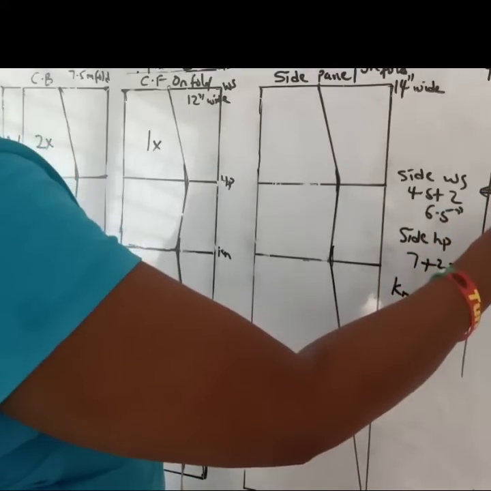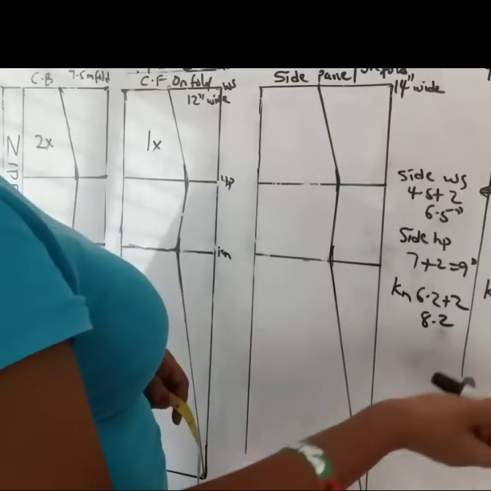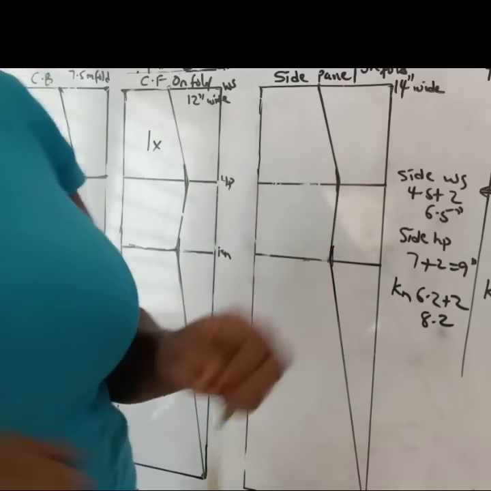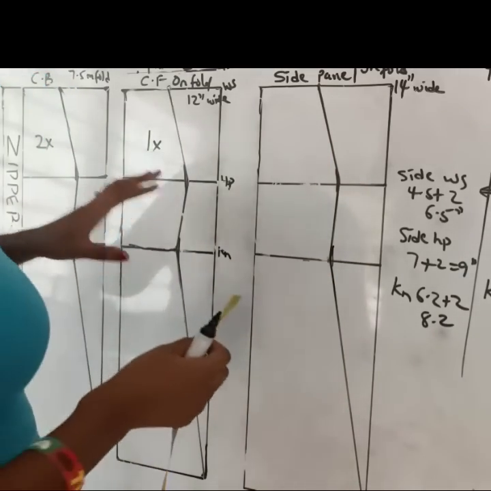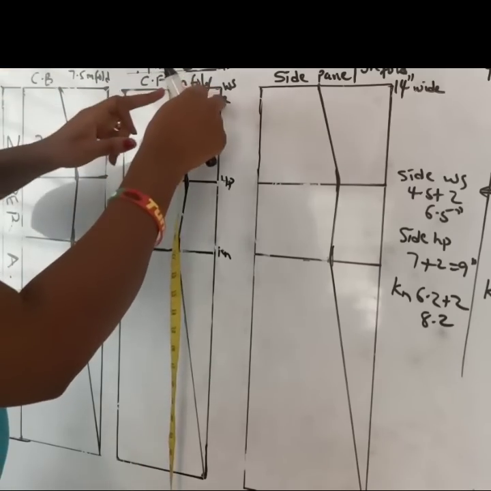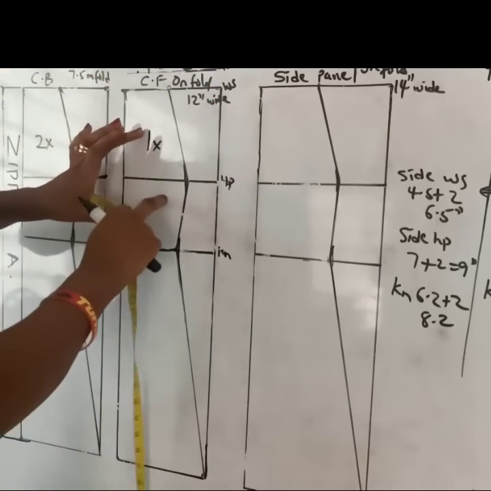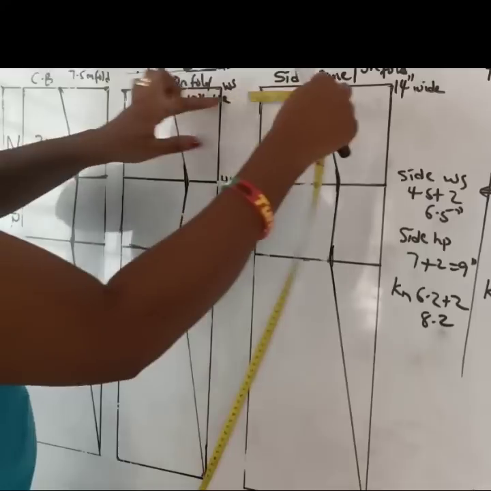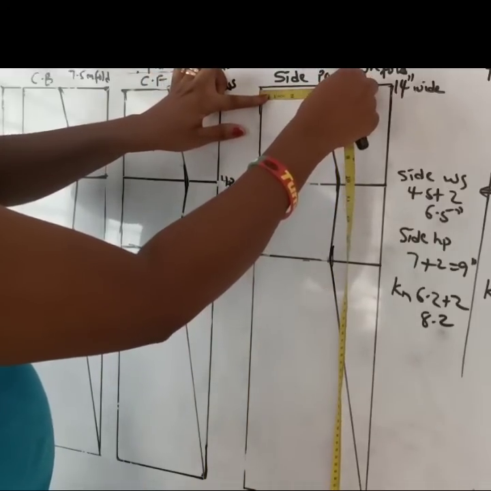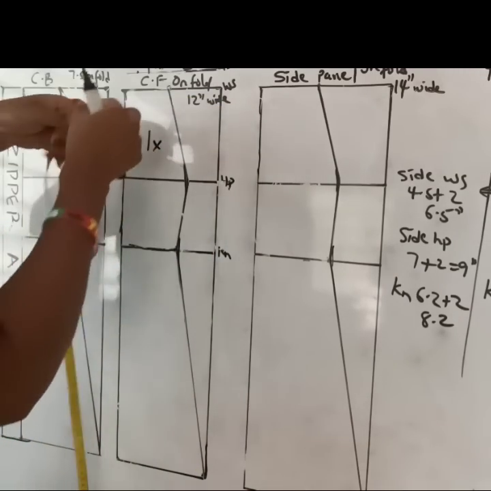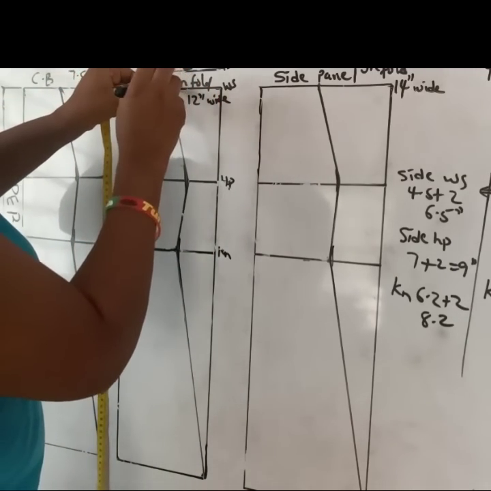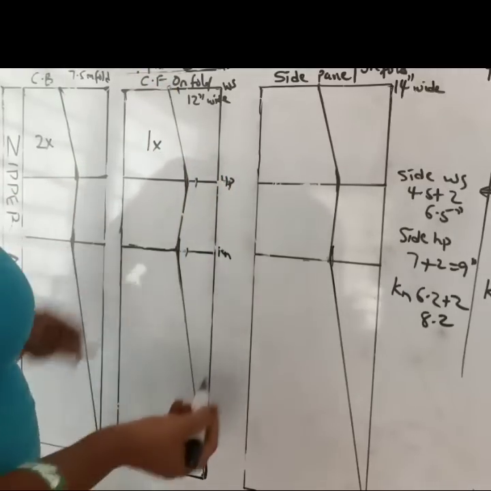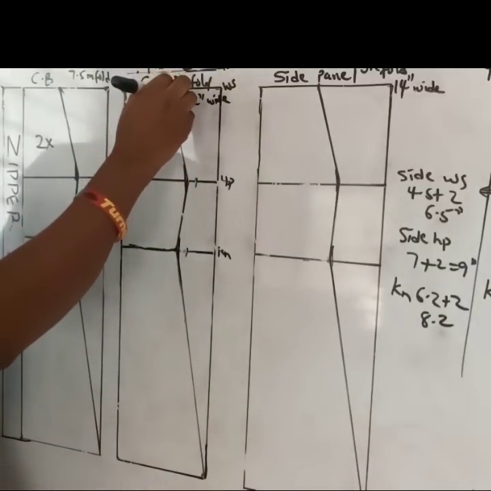The difference between the center and the side is just 1 inch, and unfold, that will be half. So you simply add half inch. You see that this is 3 and this is 3.5. Because it's unfold, you add half inch. On the knee you add half inch, and then you connect.